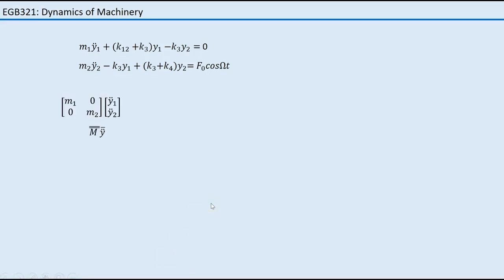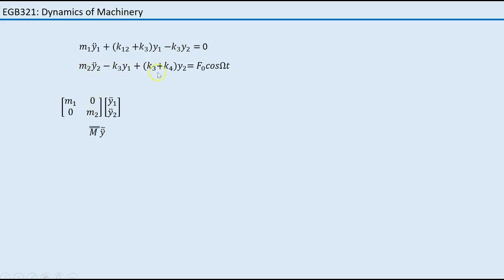How do we form this matrix? Let's consider y1 double dot and y2 double dot, and let's consider the first equation. From the first equation, the coefficient of y1 double dot is m1, so we write m1. There is no y2 double dot in this equation, so we write 0 here.